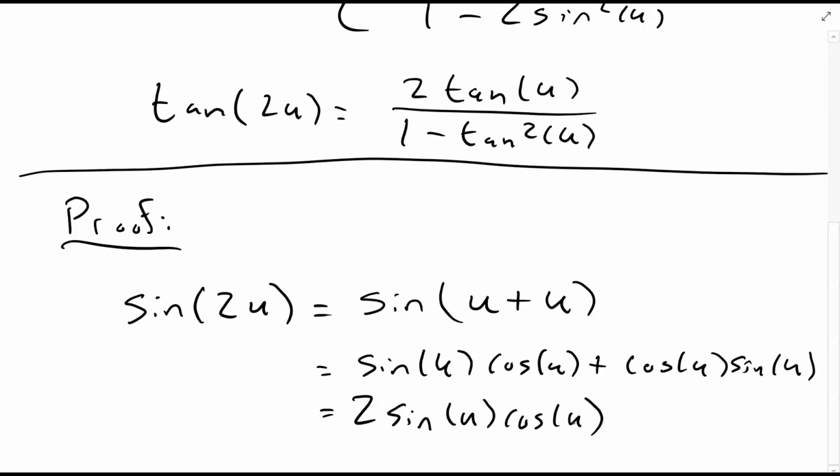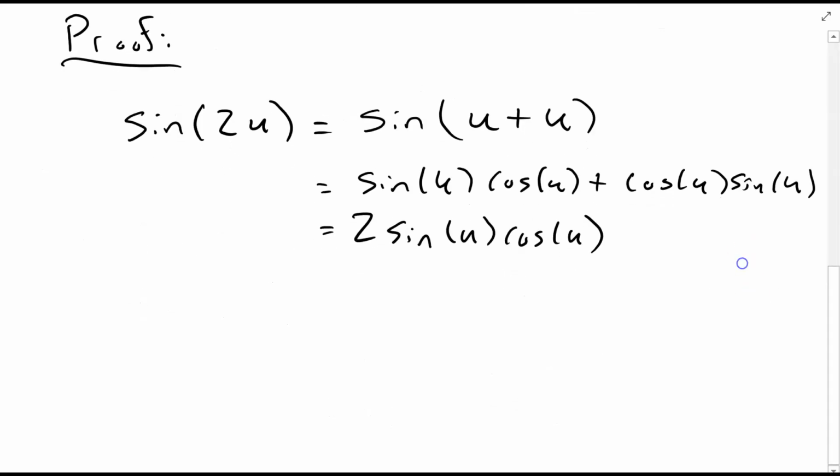Okay with that idea? And I could do a similar thing to get the other two identities using the same angle sum formulas from the previous lesson.